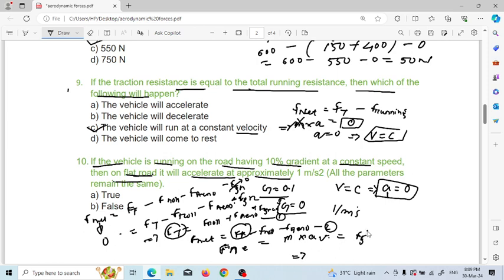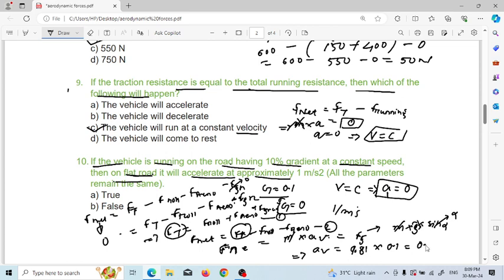That implies F gradient is mass of the vehicle into g into sin alpha, which is approximately alpha. Cancelling mass, acceleration of the vehicle is equal to g value 9.81 into alpha, which is equal to 0.1.